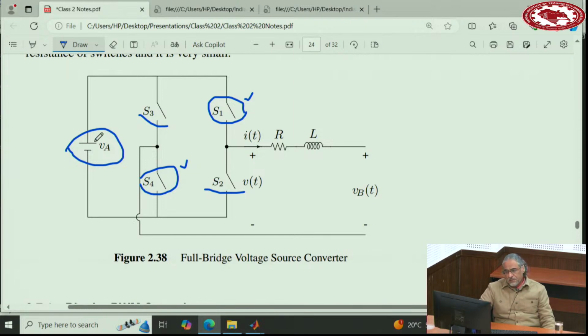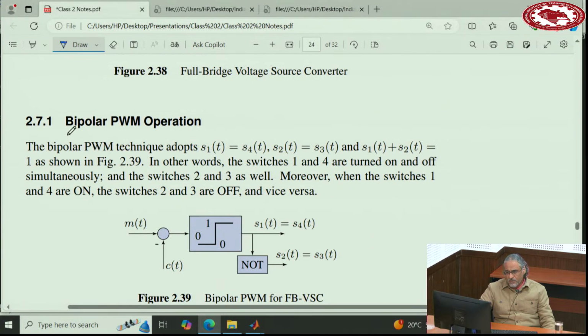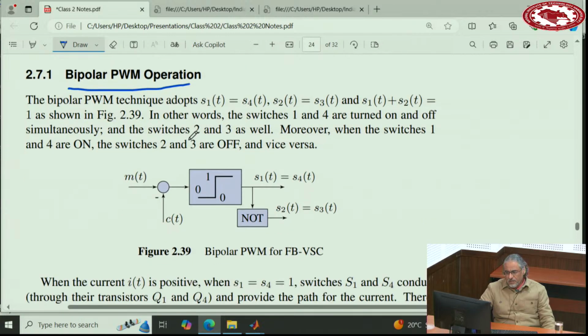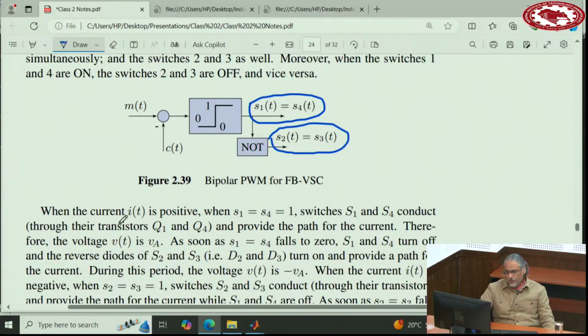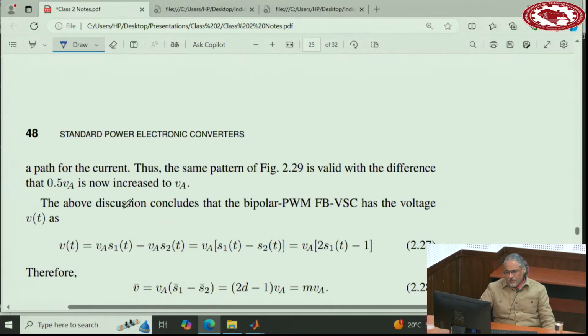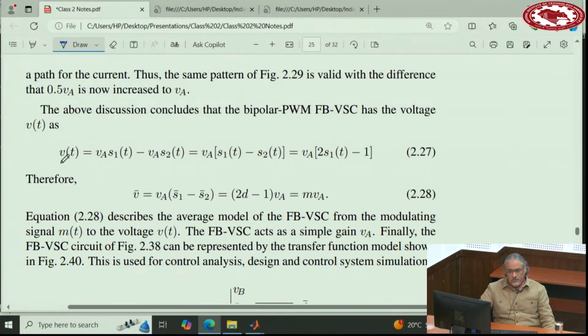Other than that, it's basically the same as the other converter. So that's the bipolar PWM operation. I said S1 and S4 are equal all the time. S2 and S3 are also equal, but the complement of S1 and S4. So voltage V is equal to VA into S1 minus VA into S2.